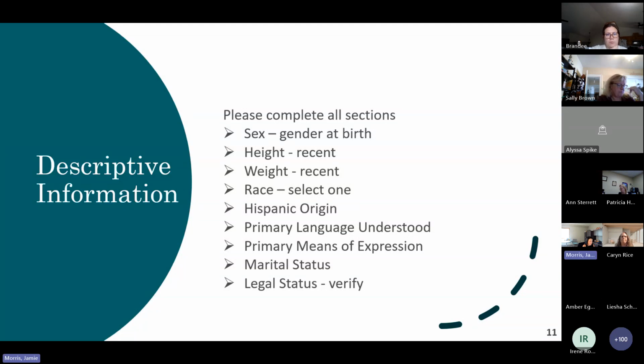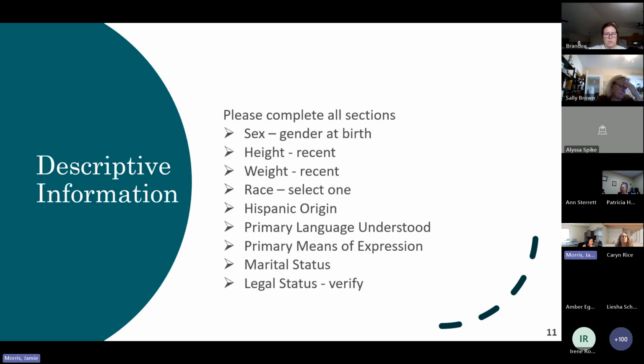The height and weight would be the most recent. You usually can verify this information through any medical documentation if they've had a recent physical. It should be included on the document for the height and weight. For number 4, race, you're only going to choose one.